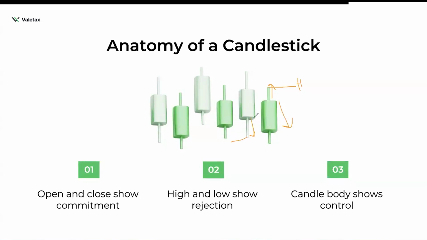So it means that when the buyers opened the market here and were trying to go up, sellers sold off a bit, and then the buyers took charge again and pushed the prices up until this high. And the high of the candle is the highest point which the buyers got to before sellers came into the market again.